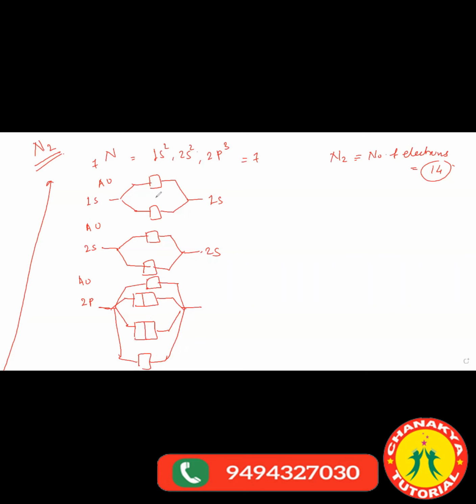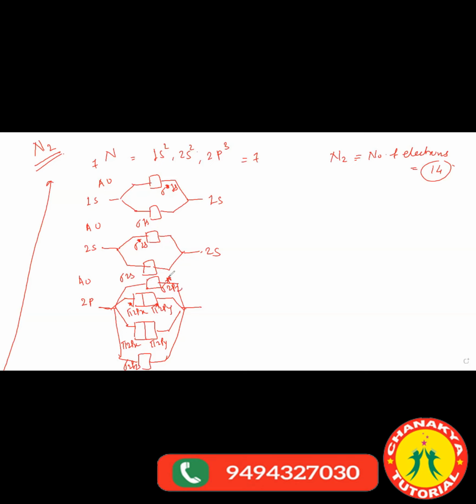And the same anti-bonding orbitals would also be formed. Fine. Now these are what? Sigma 1s, sigma star 1s, sigma 2s, sigma star 2s. This would be pi 2px, pi 2py, and here sigma 2pz. Here it is pi star 2px, pi star 2py, and this will be sigma star 2pz, because it's anti-bonding, right?